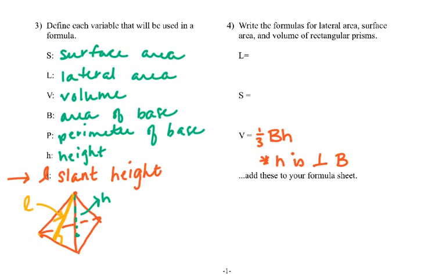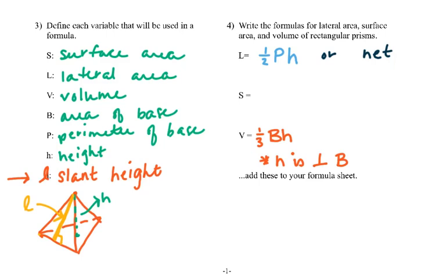Now for surface area and lateral area, you can only use these formulas if the base is regular. So for lateral area, you can use the formula 1/2 times the perimeter of the base times the slant height, or you can draw a net.